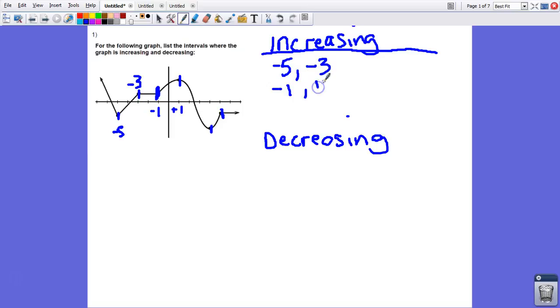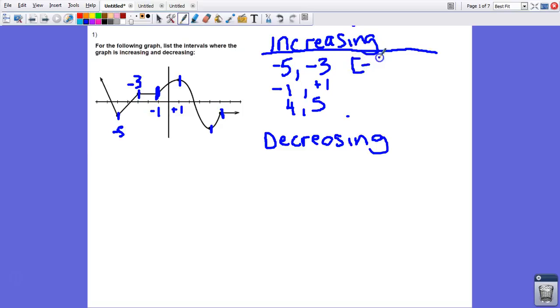And it's also increasing here, 1, 2, 3, from 4 to 5, both positive, right? 4 to 5.